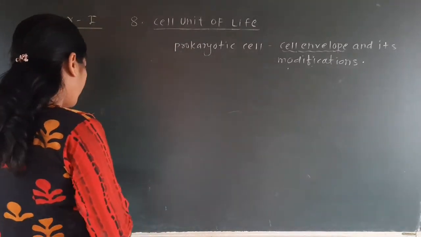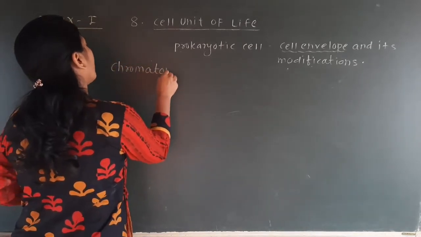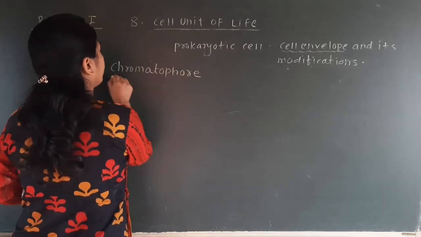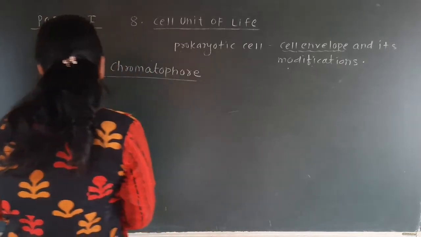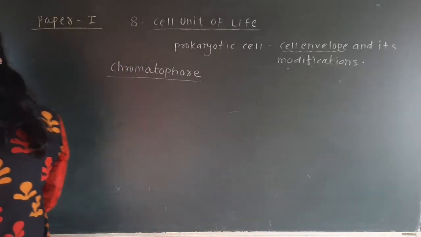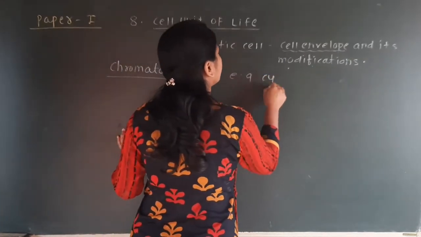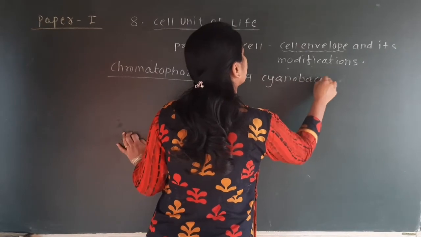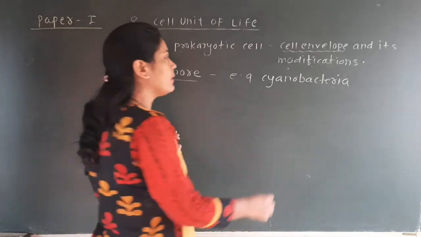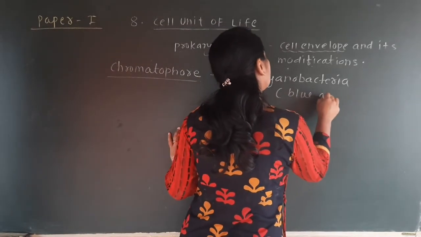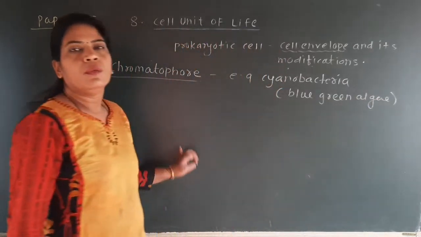So the next point is the second modification which we call chromatophore, and it is found in the cyanobacteria, which is also called blue-green algae.